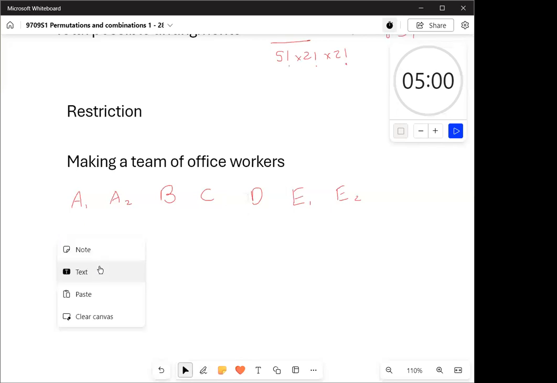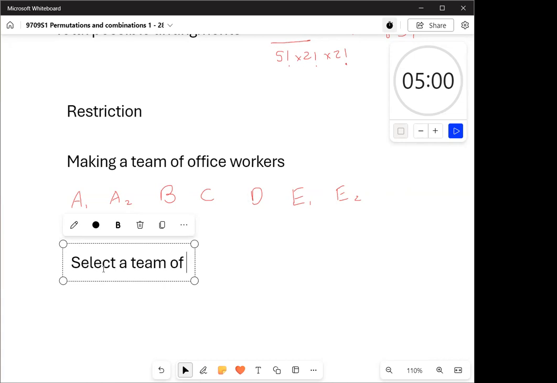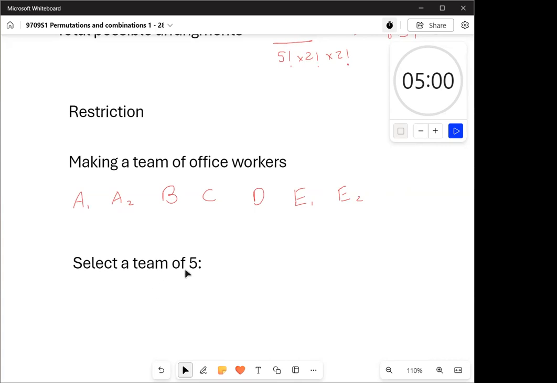Now your job is to find out how you can make a team, select a team of 5. No restriction. A1, A2, E1, E2 are different people. All of these are unique.